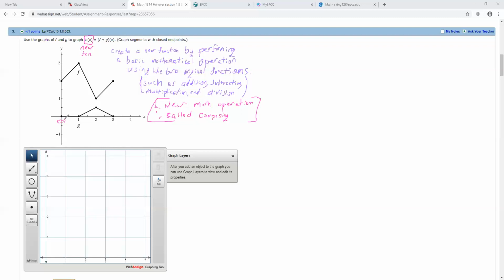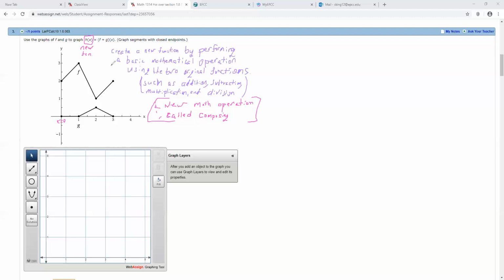So when we combine this graph f and this graph g, and we want to do a graph of the new function, then we just pick some key points and then say, okay, at x equals 0 is where both of them start. So you cannot add a point at x equals 0 on one graph plus a point at x equals 1 on the other graph. You have to stay with the same x value.